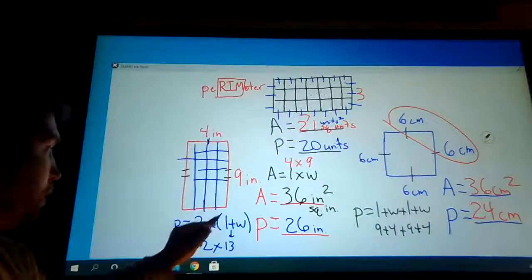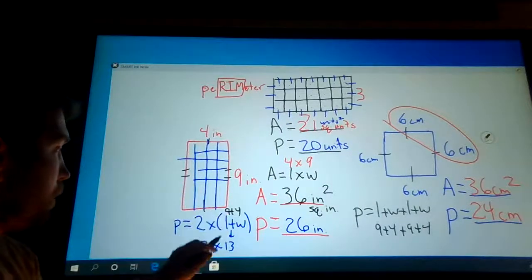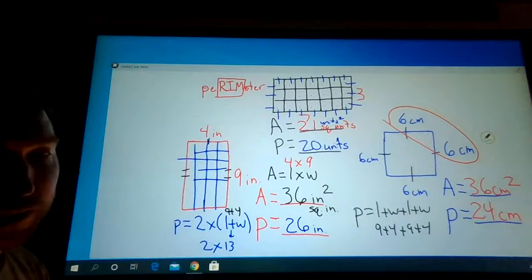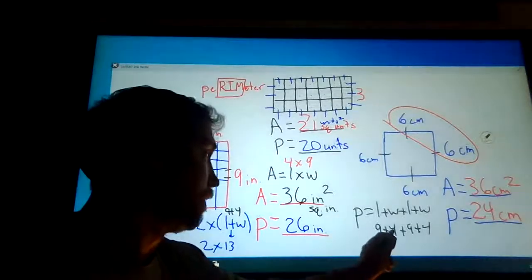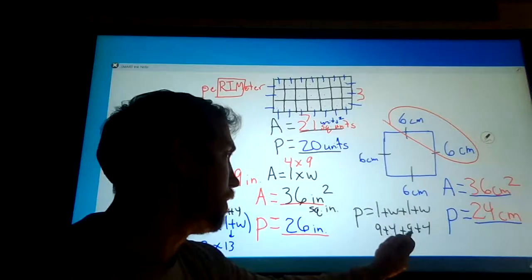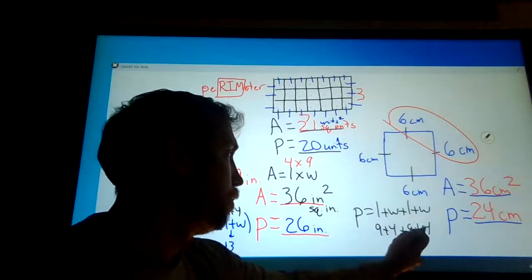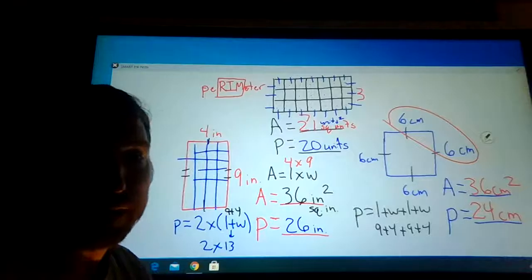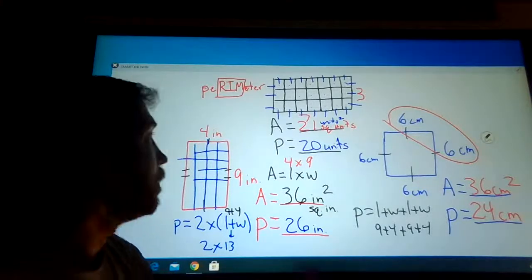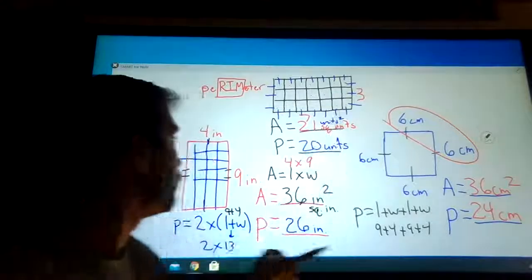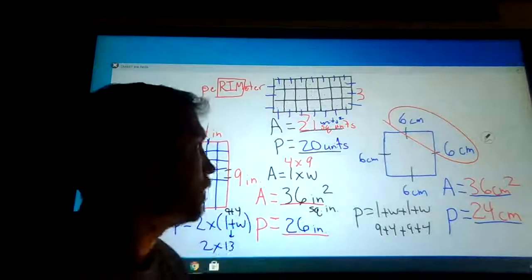Again, this way I did 9 plus 4 makes 13, and then you double it to make 26. Here I get 9 plus 4 is 13, plus 9 more is 22, plus 4 more is 26. Again, area is just length times width. This side, 7 times this side, 3. 9 times 4, 6 times 6.